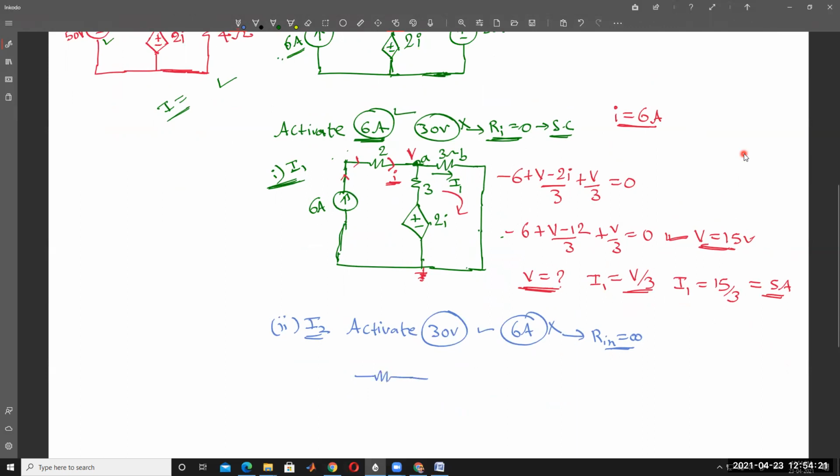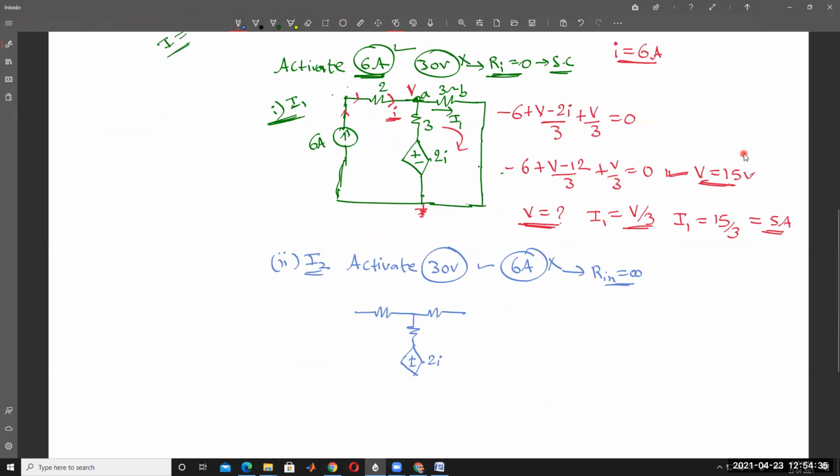2 ohms here, 2 ohms here, 3 ohms here, plus minus 2I. Am I right? And then like this.